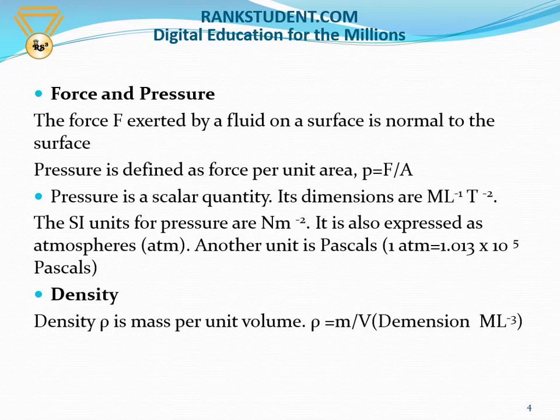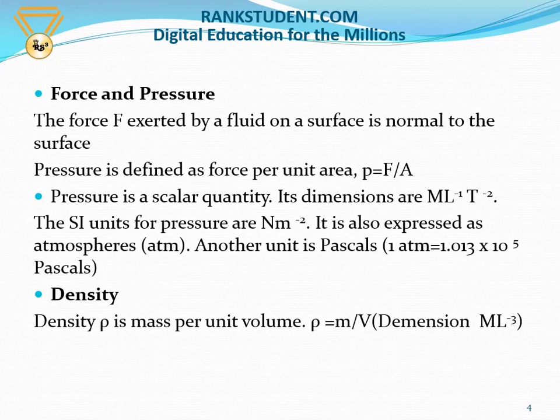Force and pressure. The force F exerted by a fluid on a surface is normal to the surface. Pressure is defined as force per unit area, P equals F over A. Pressure is a scalar quantity.